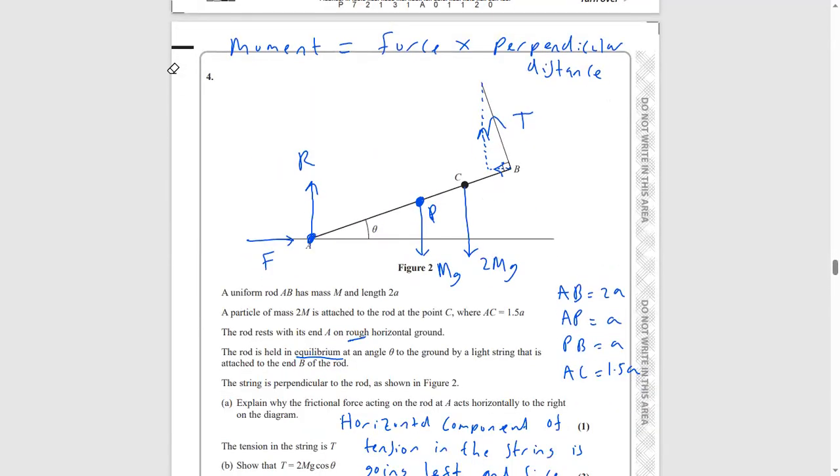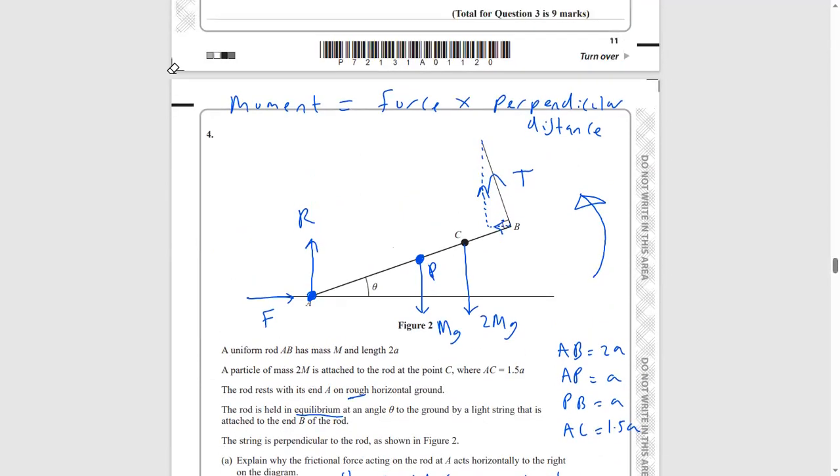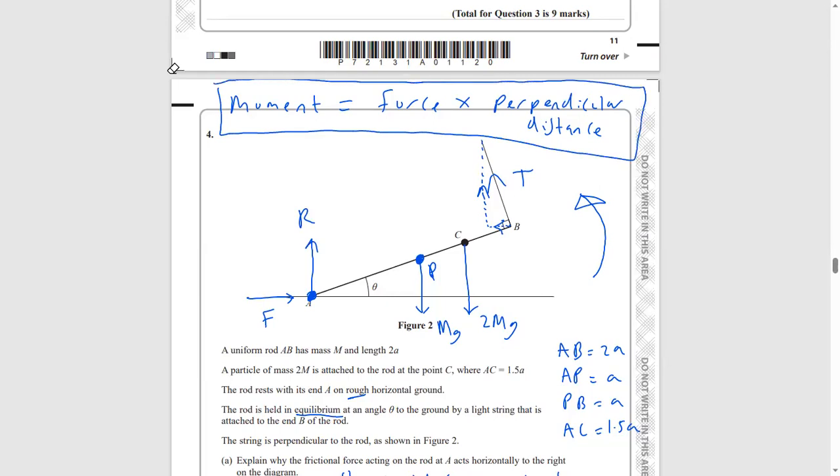We're fixed at this point A, that's where we're taking moments about. What forces are going around anti-clockwise, perpendicular to the rod? Again, it's really important that we remember that moment is the perpendicular force times the distance. So the force and the distance must be perpendicular to each other.